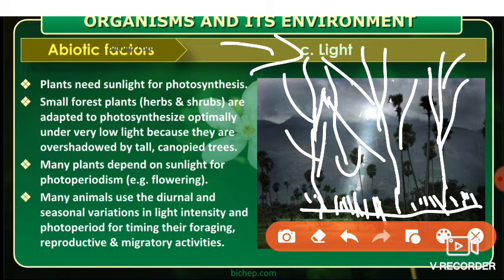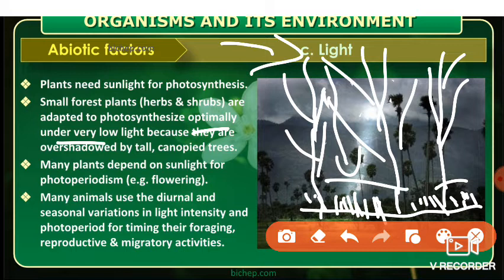So what will happen? Herbs and shrubs are able to develop in low light conditions. They are adapted for that. In low light conditions also they are able to grow and develop. They can do their photosynthesis under very low light conditions.